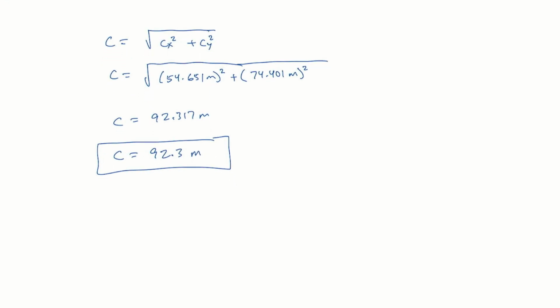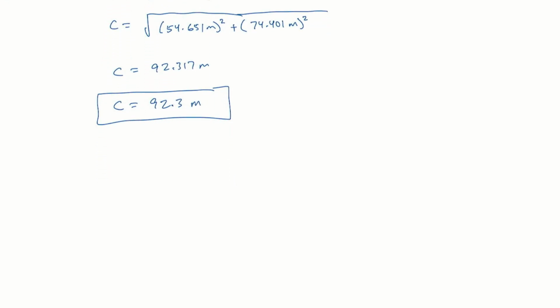And now for the direction. So CX is negative, CY is negative, and so C is coming something like this. And so what we can say is theta is the tan inverse of CY over CX.